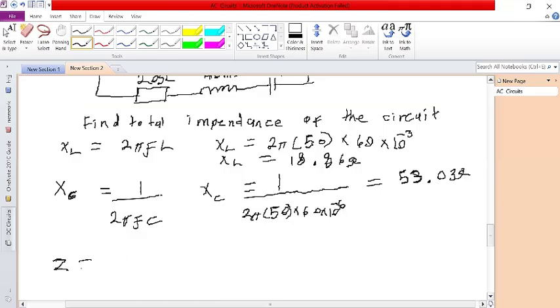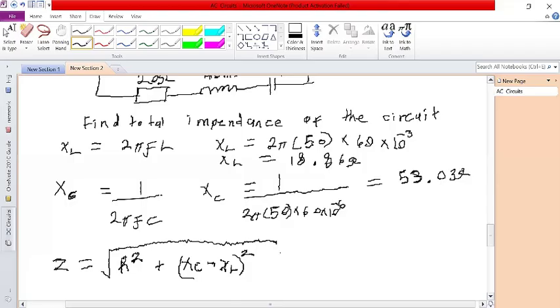After finding the capacitive reactance, we now use the formula for the total impedance Z. Total impedance Z is given by the square root of R squared plus (XC minus XL) squared.